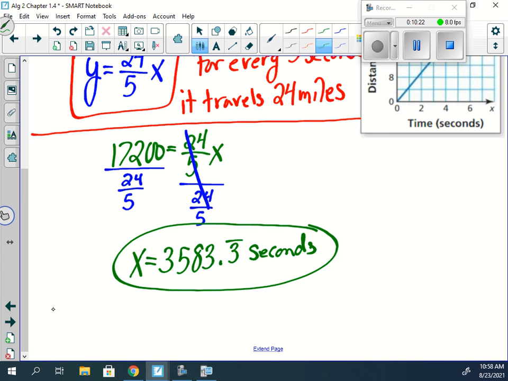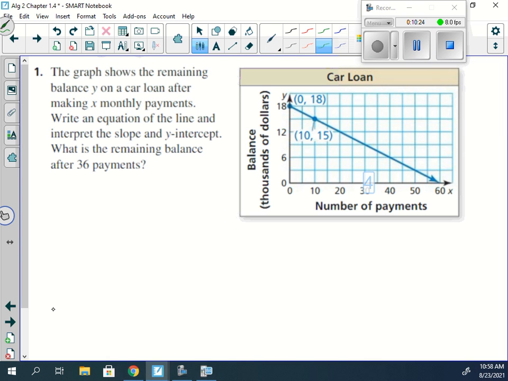Are we good with this here? Okay. Let's look at the next one.